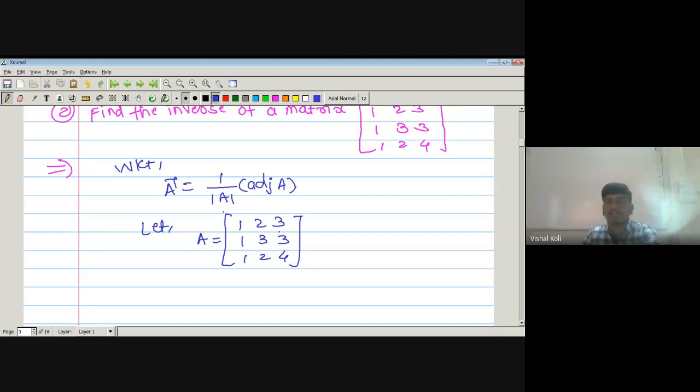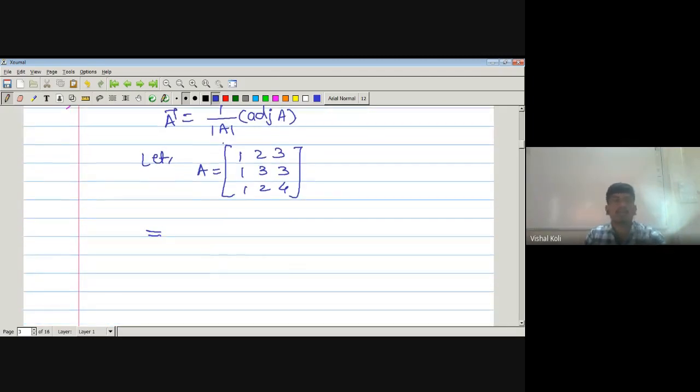First find its determinant, which implies determinant of A is equal to |1 2 3; 1 3 3; 1 2 4|.